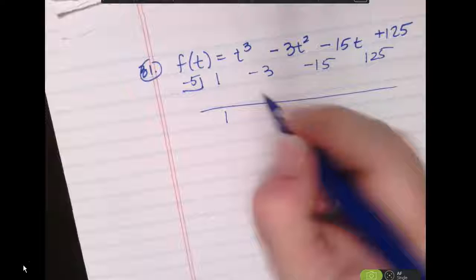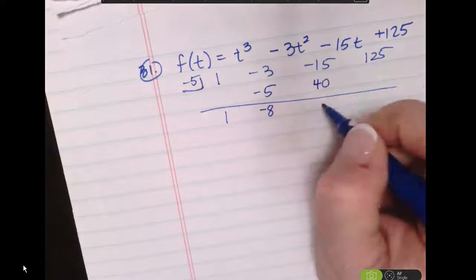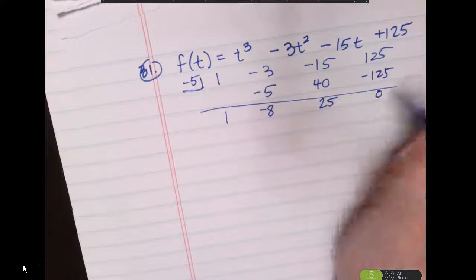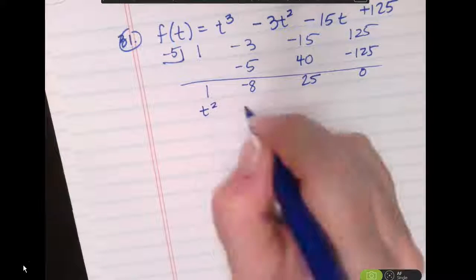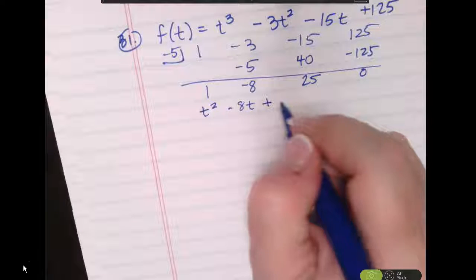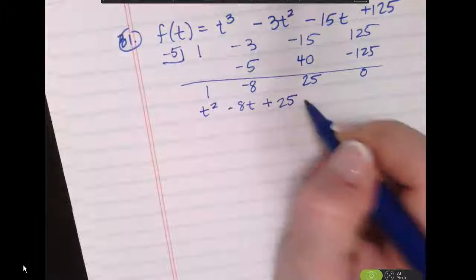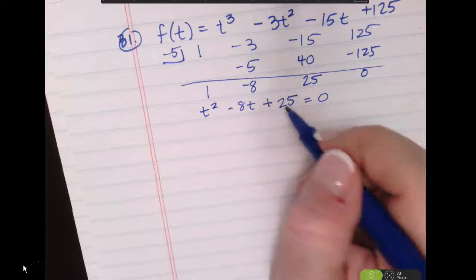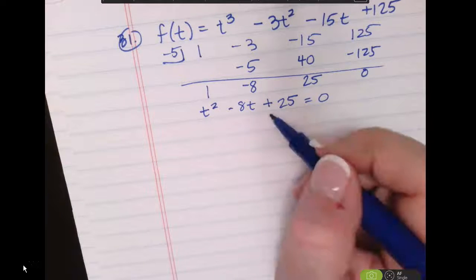So 1 times -5, -5, -8, 40, 25, -125, 0. Okay, so we get t squared minus 8t plus 25. And I can already tell you that there are no factors of 25 that when you multiply them, they add up to equal 8.